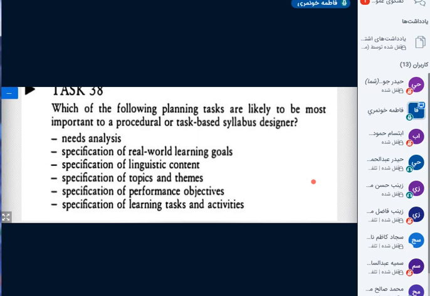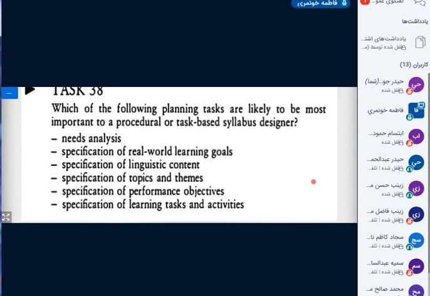After that, you will specify the real-world learning goals, because goals are a general picture of the course, what you want your students to achieve, and which are closely related to your learners' needs. And since goals and objectives are also interrelated, objectives are some ways through which you can achieve the goals of the course. So after specifying the goals of the course, you need to specify those routes, those ways which we call objectives.